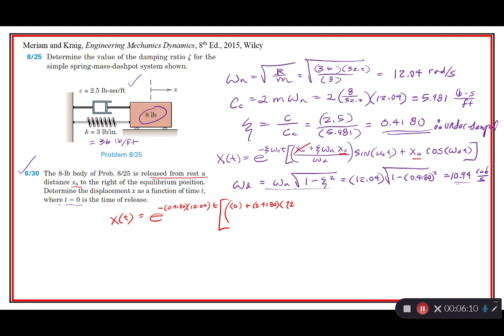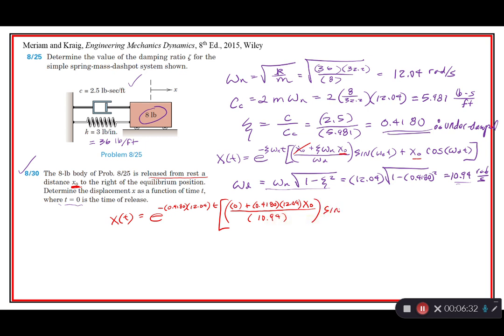Whoops, that looks like a 7. And then this just has an x naught, because we don't know the distance. But we are going to divide by omega D instead of omega n.